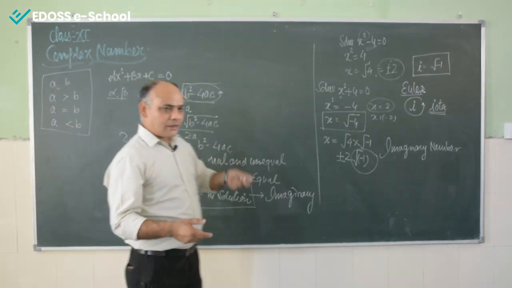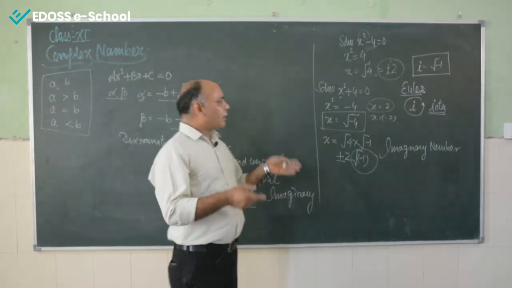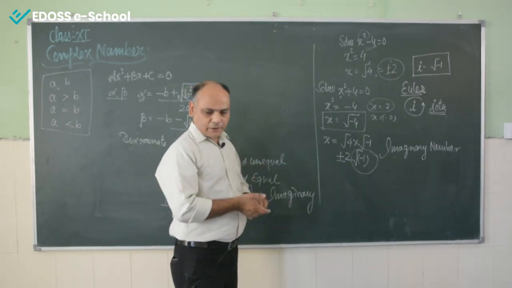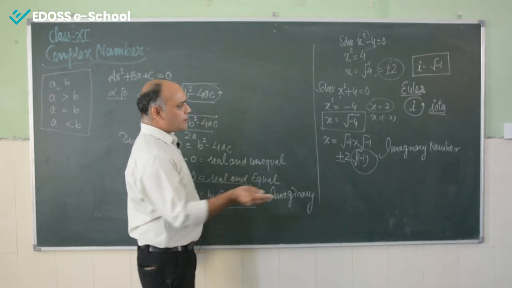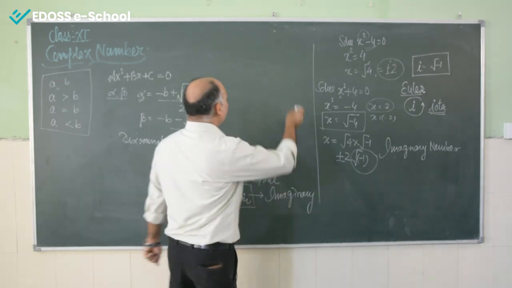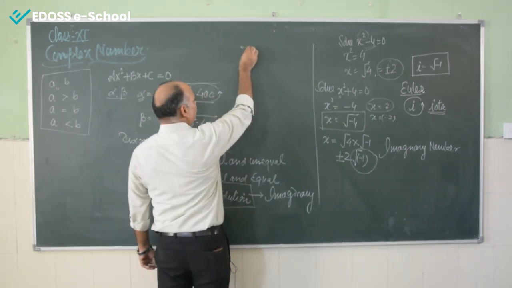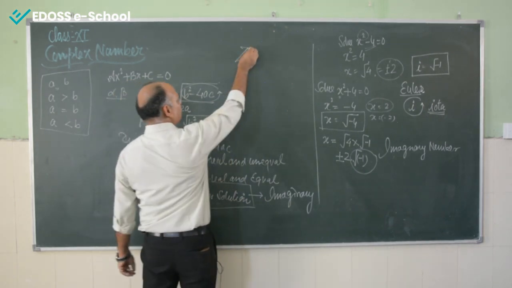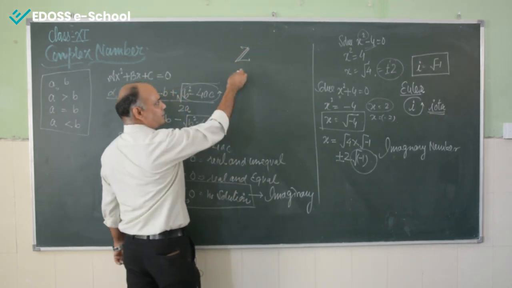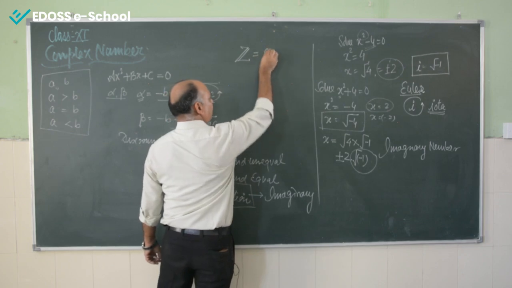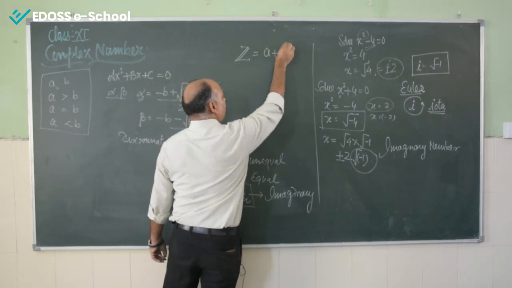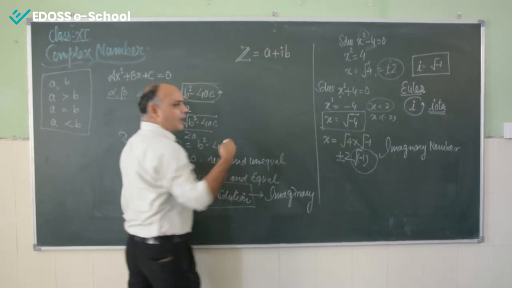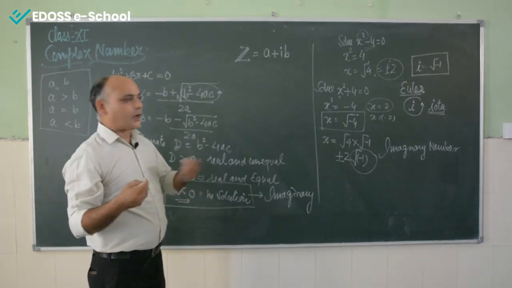Complex number means it is a set of all real numbers and imaginary numbers. The complex number is always defined as Z, or in a good book you can say it like this also. This Z is equal to A plus iota B. A plus IB, don't say I, say iota.